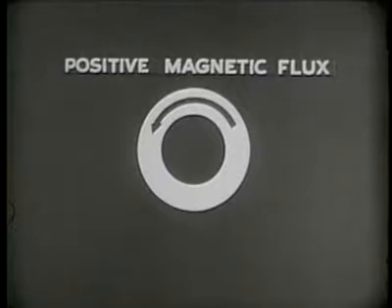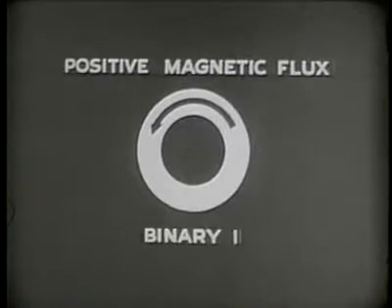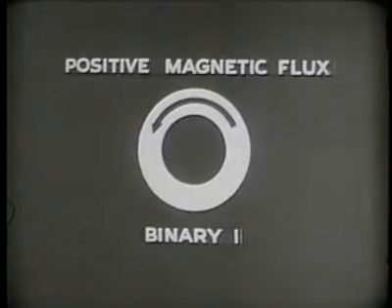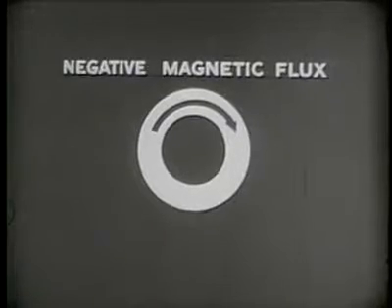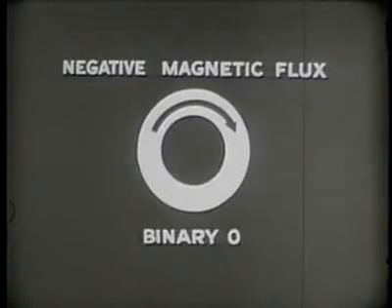When the magnetic lines of force point in one direction around the core, they are a positive magnetic flux, and the core is said to hold a binary 1. If the direction of magnetism is reversed, the flux becomes negative, and the core holds a binary 0.